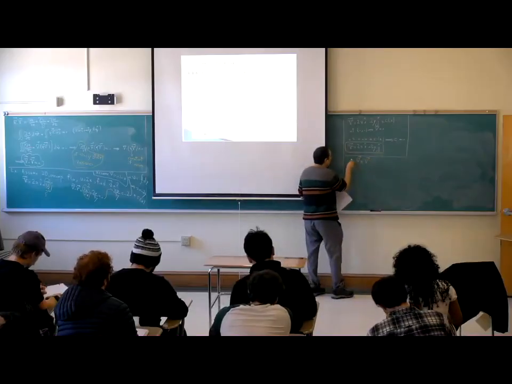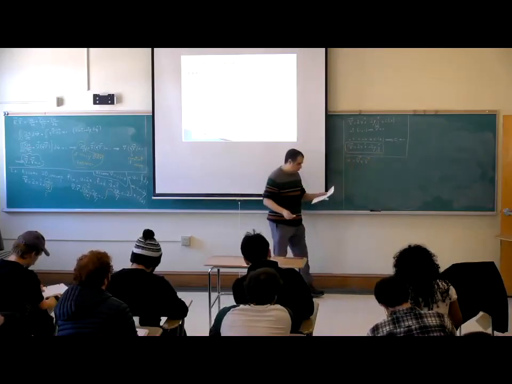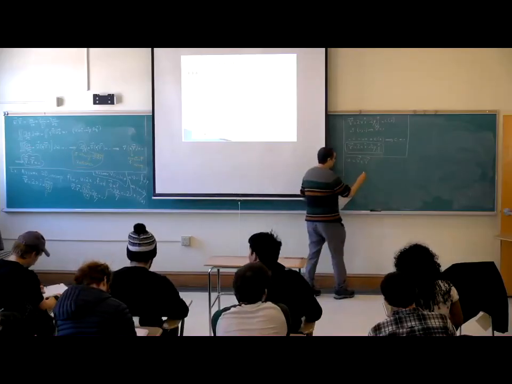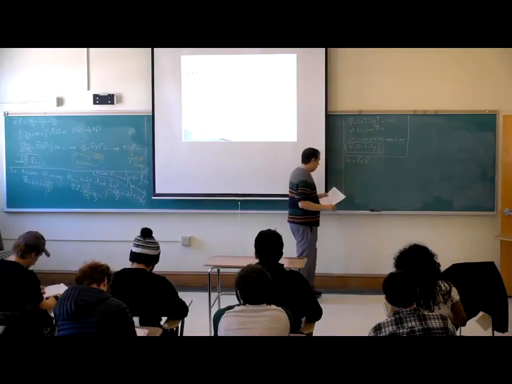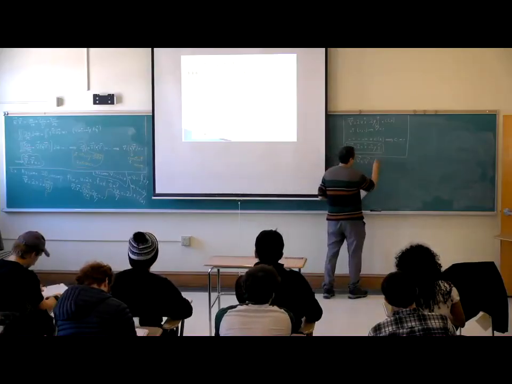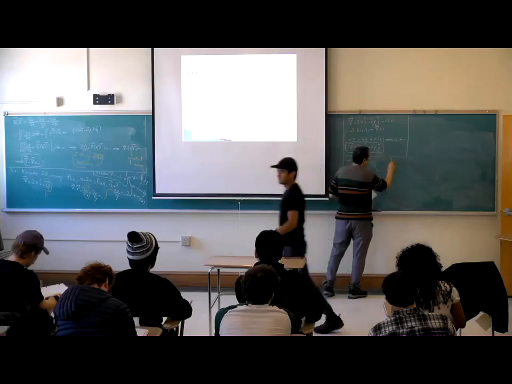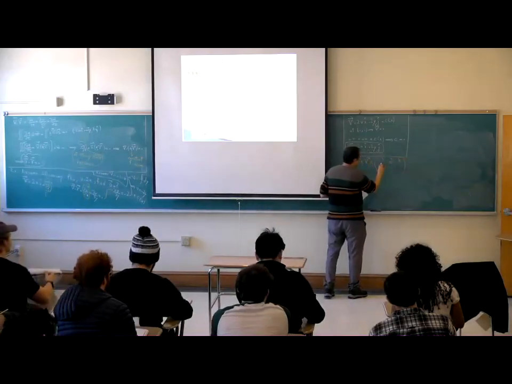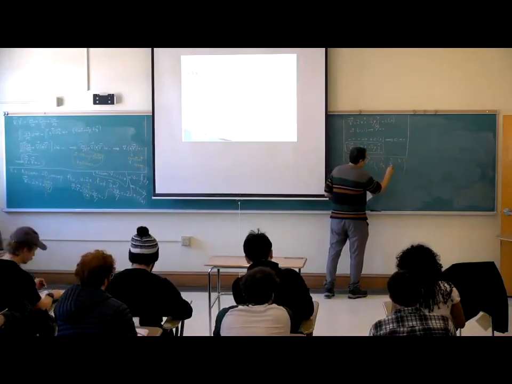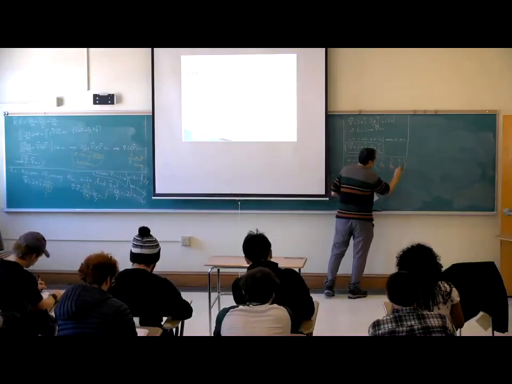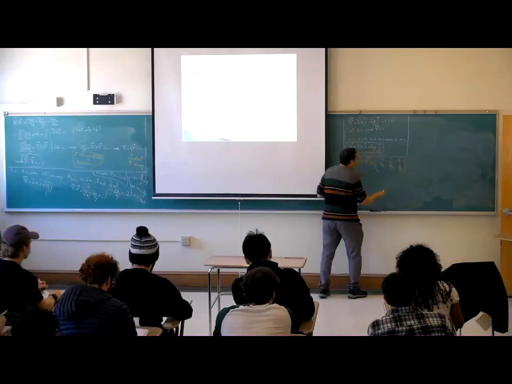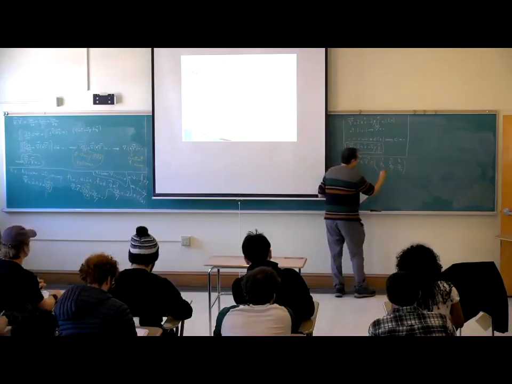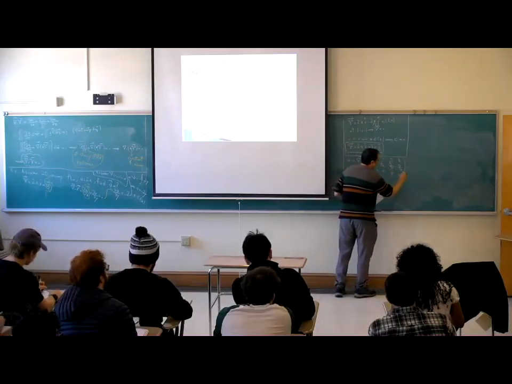We show curl by omega. In 3D, it is i, j, k, partial x, partial y, partial z, and u, v, w.